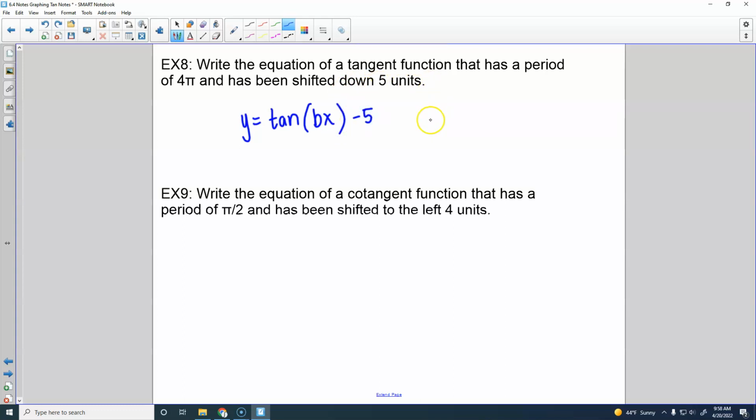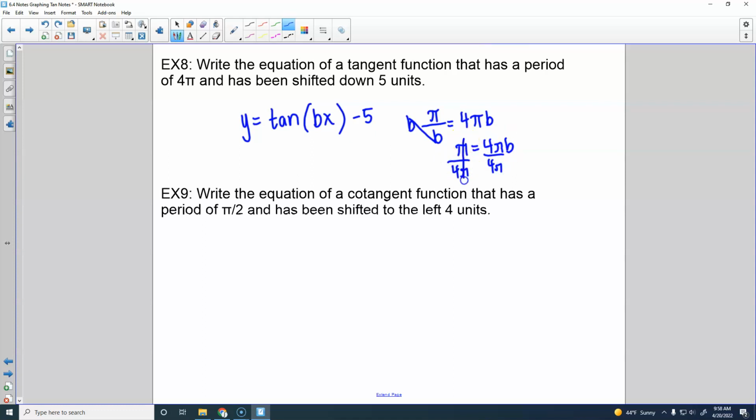So I would just do pi divided by b equals 4 pi. Right, so instead of doing 2 pi divided by b like we would do for sine or cosine, we would do pi divided by b equals 4 pi. We would multiply both sides by b. So we get pi equals 4 pi b and divide by 4 pi.